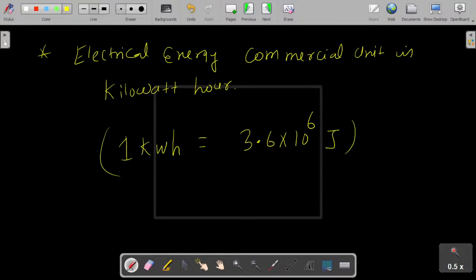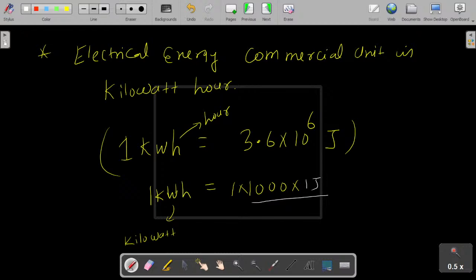How do you get this? Write down: 1 kilowatt hour is equal to 1 kilo, meaning 1000, and watt, W means watt, and H is hour. So 1 watt is 1 joule per second, and in 1 hour it's 3600 seconds. So the seconds will cancel.